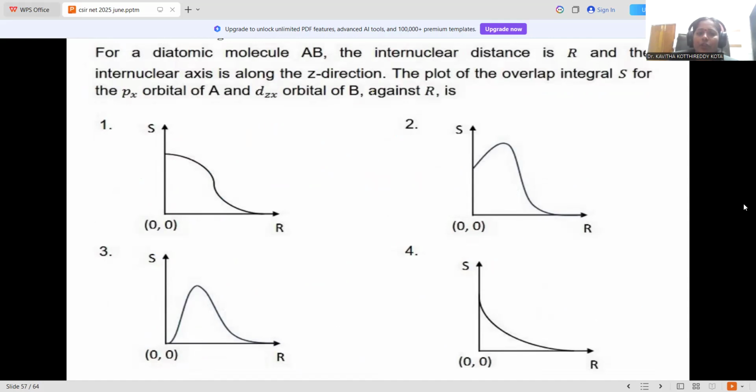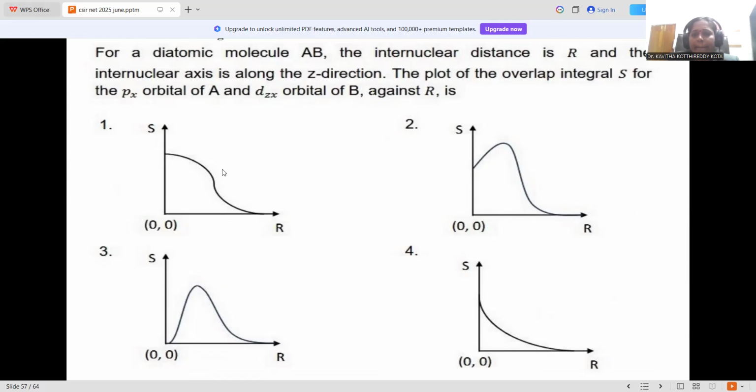For a diatomic molecule AB, the internuclear distance is indicated as R and the internuclear axis is taken in the Z direction. The plot of the overlap integral of the px orbital of A and the dzx orbital of B against R is asked. So if you observe the graphs, S versus R is plotted.